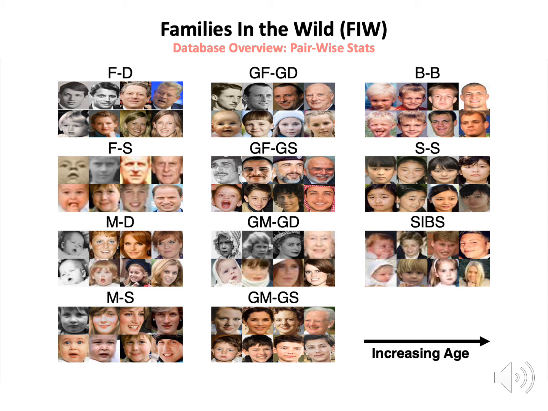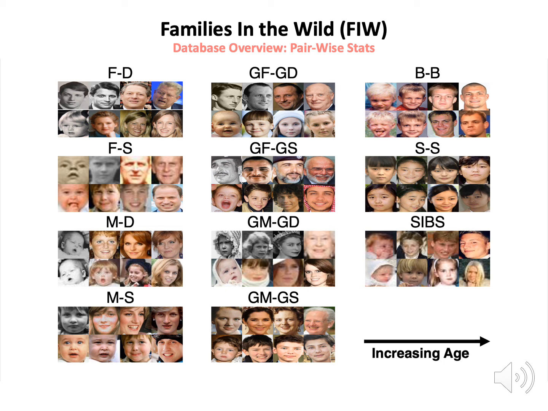Now let's take a look at the different pairwise types and the statistics behind them. As you can see, we have 11 different pairs which we parsed out. The first column: parent-child, father-daughter, father-son, mother-daughter, mother-son. The middle would be grandparents and grandchildren, and the right will be siblings: brother-brother, sister-sister, brother-sister.